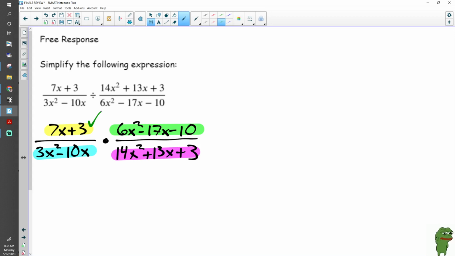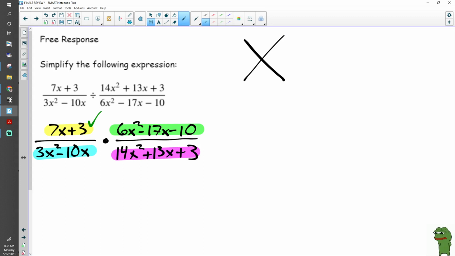Okay, my blue has the greatest common factor. My green and my purple, we can use the x method. So let's take a look at this green one. If I draw my x method for the green factor quadratic, I have a is 6, b is negative 17, c is negative 10.